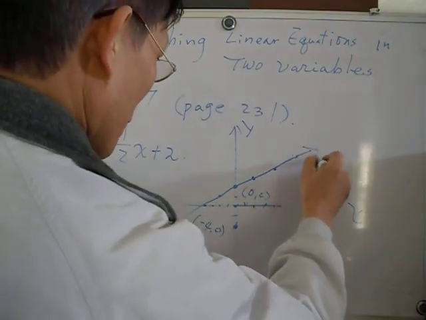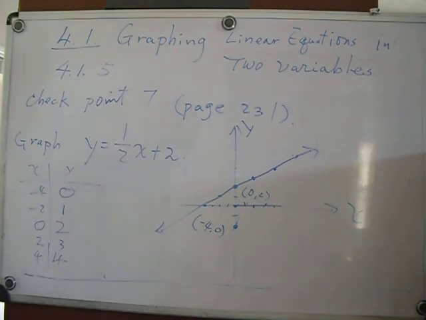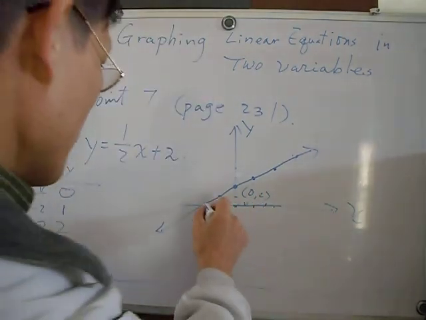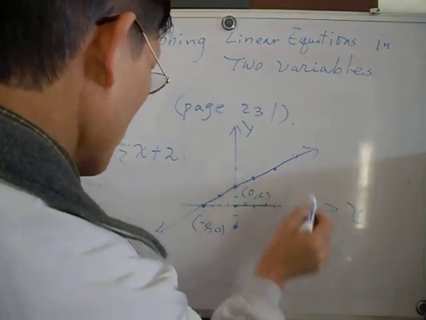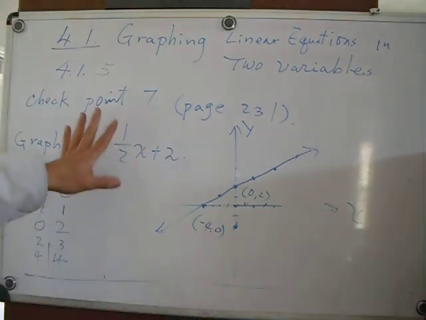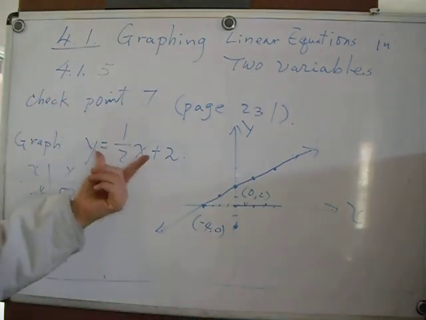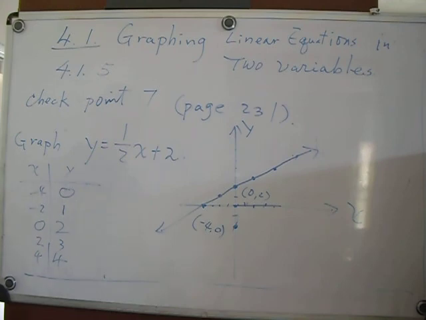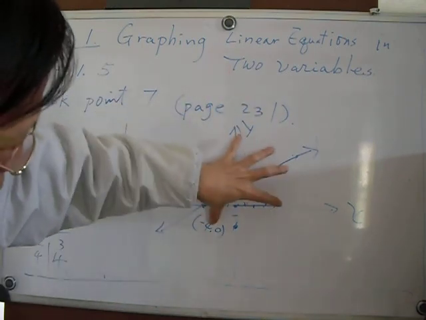Make it as good as possible. Don't make it like a curve. This is good enough. So these 5 points will make a straight line for this problem. That's how you handle the fraction problem. When you graph a fraction, you always choose a good number that is a multiple of the denominator and still small enough. Then your graph will be concentrated.